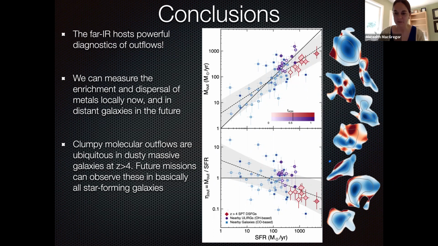Another question from Lee, which says, can you tie your clumpy structures to the competing models of ejecting clumps versus forming clumps in the winds? Yeah, I haven't pushed a lot on that front yet, mostly because I think it's still the case that we're only really resolving these outflows over about 5 to 20 spatial resolution elements.